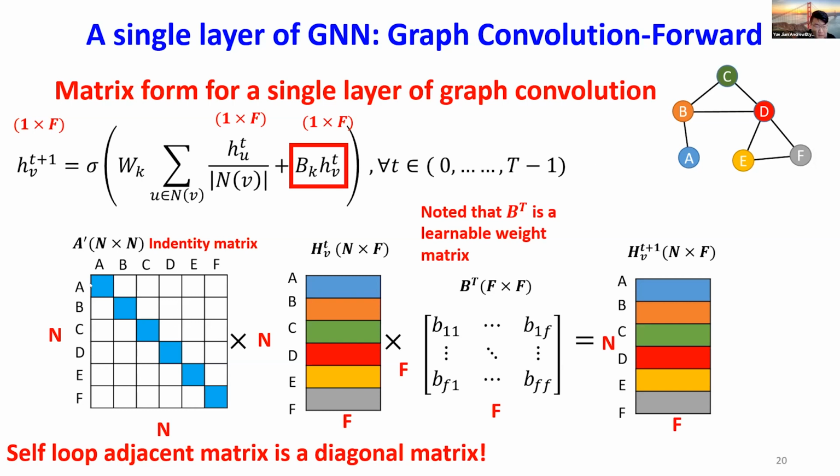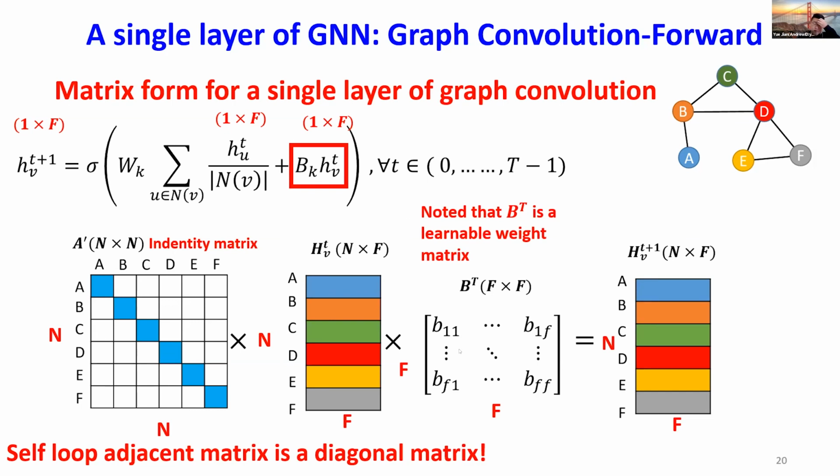Specifically, the identity matrix only has the elements on the diagonal equal to ones. The elements on the diagonal stand for the connectivity between each node and itself. For example, B is connected to B. After you multiply this matrix with the node feature matrix, it will finish the self-loop message passing.